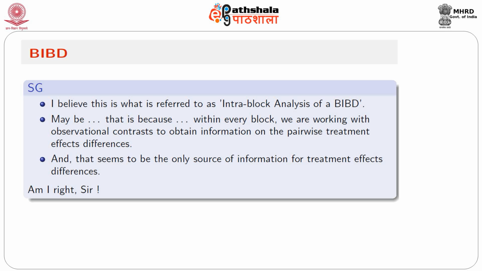I believe this is what is referred to as intra-block analysis of a BIBD. Maybe that is because within every block we are working with observational contrasts to obtain information on the pairwise treatment effects differences, and that seems to be the only source of information for treatment effects differences. Am I right, sir?